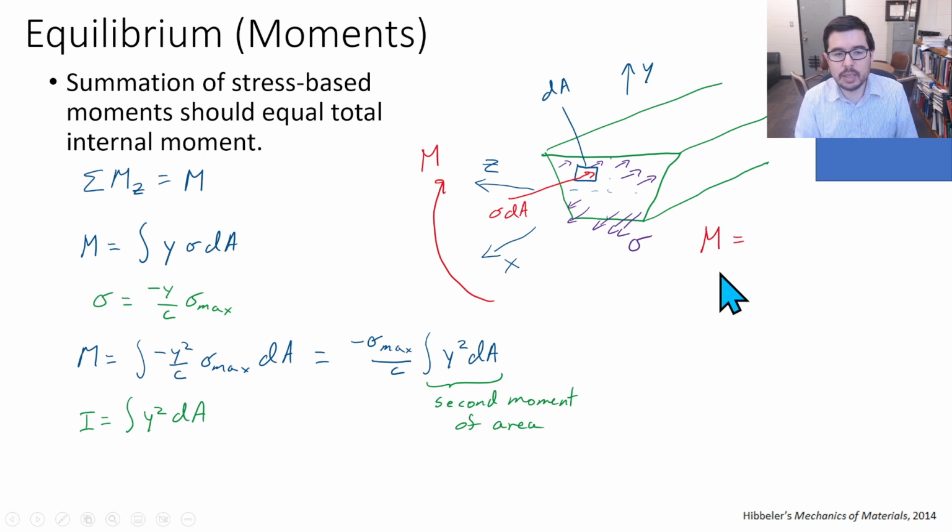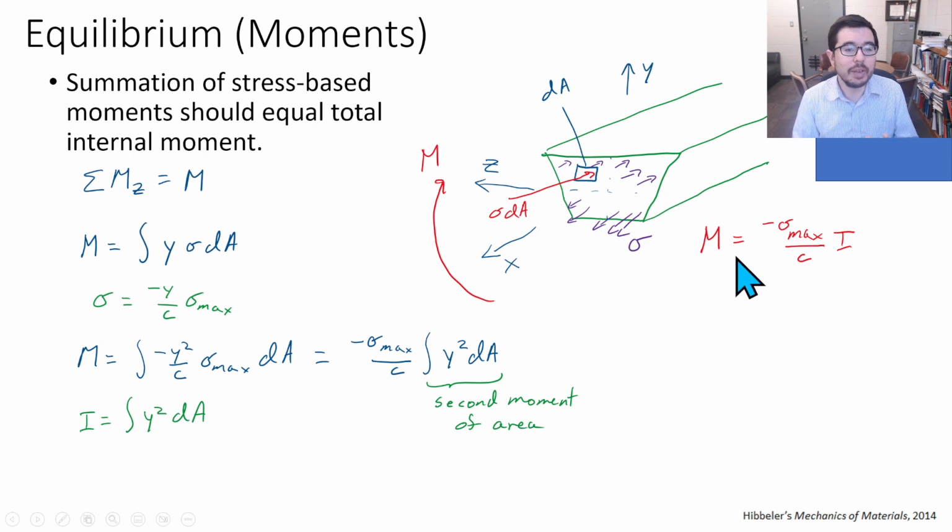Okay, and from this expression, remember we weren't able to solve for sigma max, or we didn't know what sigma max was. We knew what sigma could be as a function of distance away from the neutral axis, but we didn't actually know what sigma max was.